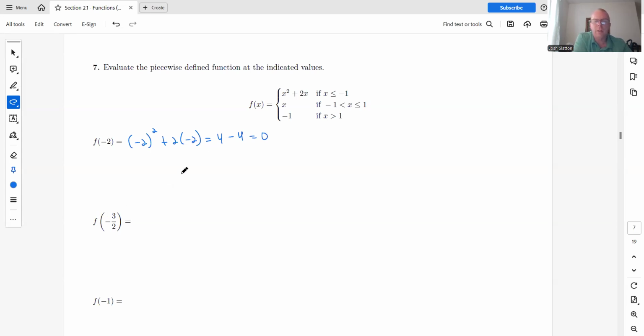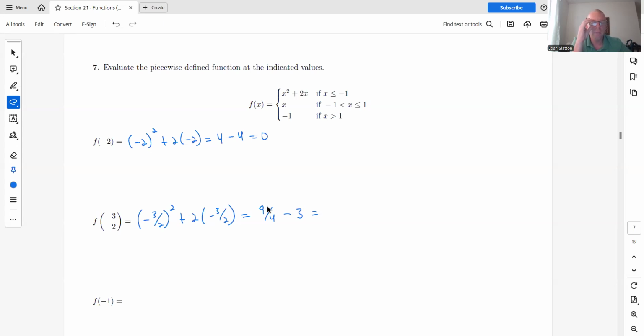Negative 3 halves. Negative 3 halves is less than negative 1. So we'll use the top function again. So negative 3 halves squared plus 2 times negative 3 halves. Negative 3 halves squared would be 9/4. 2 times negative 3 halves would be minus 3.